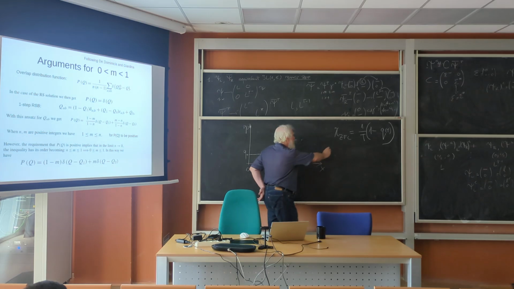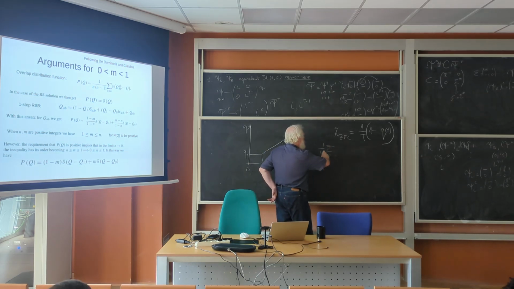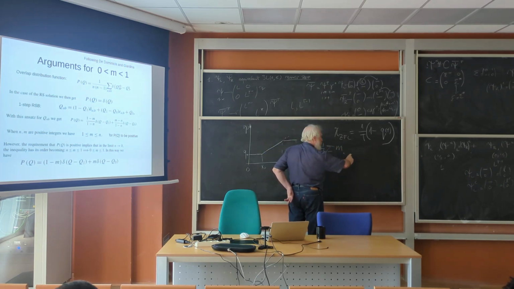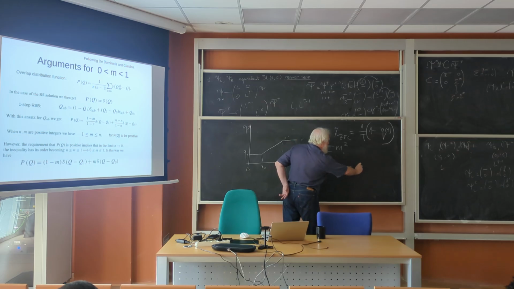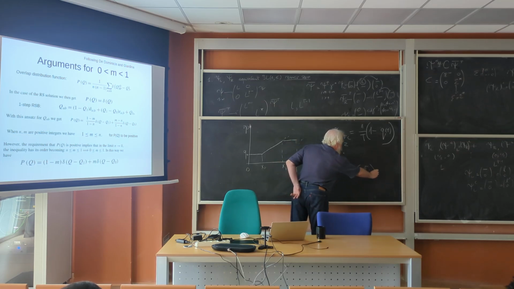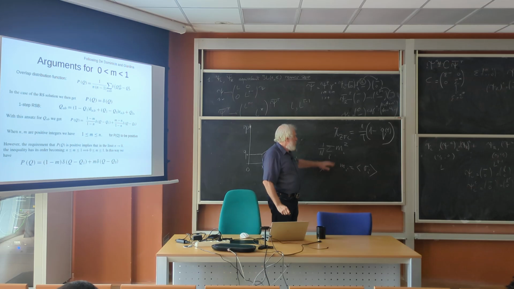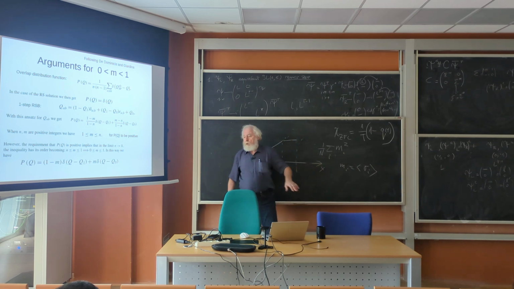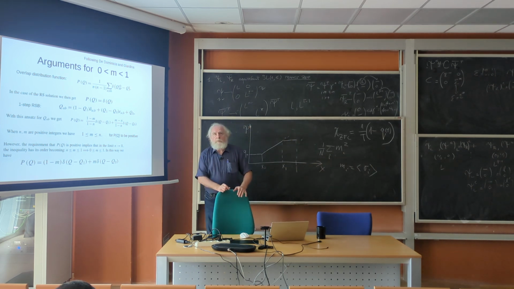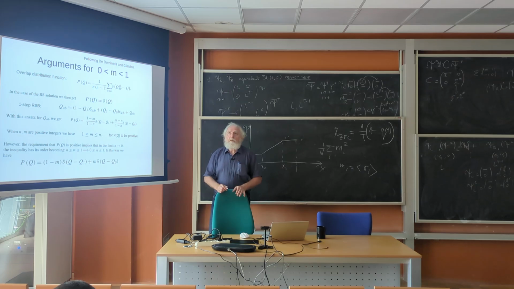Self-overlap is the same as the sum over i, 1 over n, m_i squared, where m_i is sigma_i average. So this is the same as the original Edwards-Anderson order parameter. Now, in the absence of magnetic field, we have seen that Q0 is equal to 0.